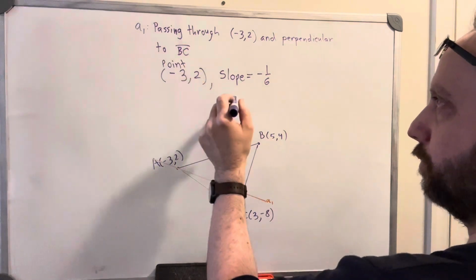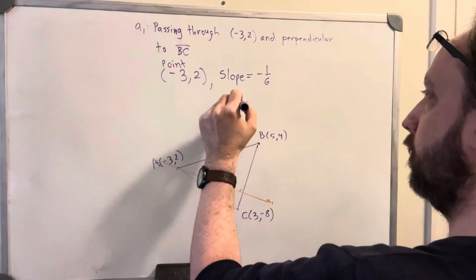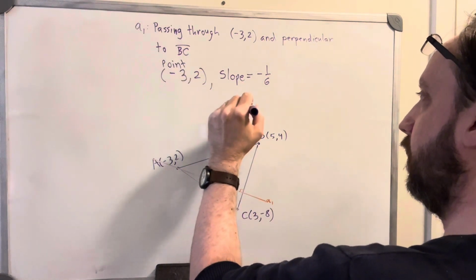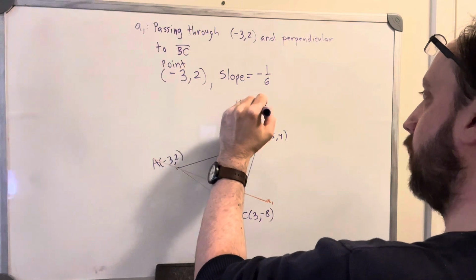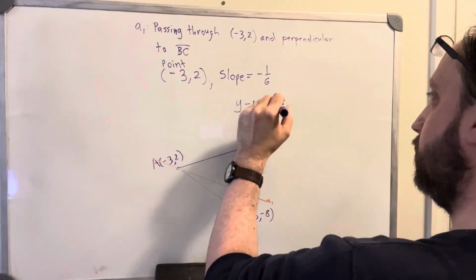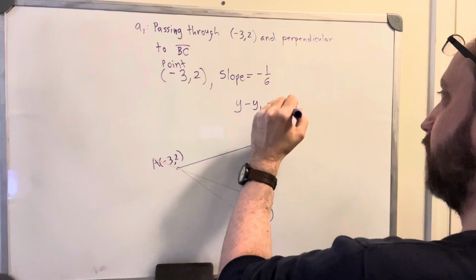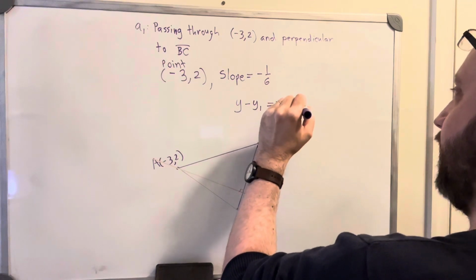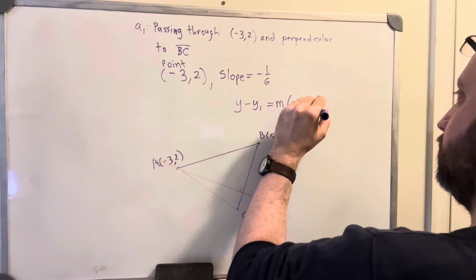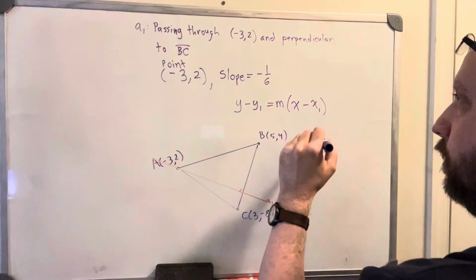Let's do the point slope. Remember, the form of the point slope is y minus some y1 that you know is equal to the slope times x minus the x1 that you know.